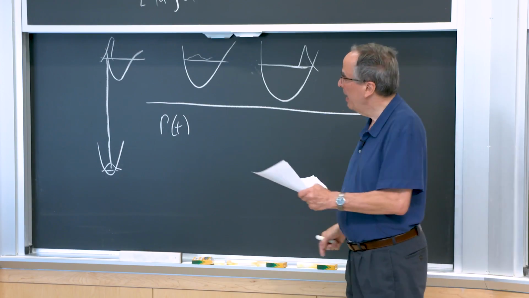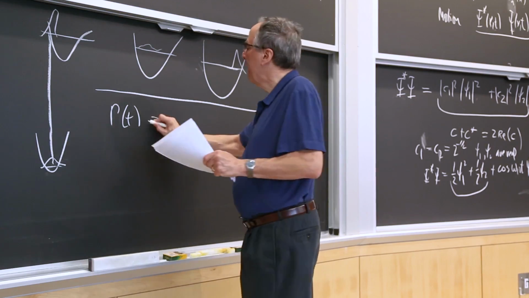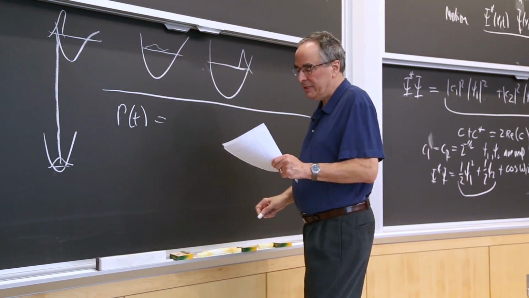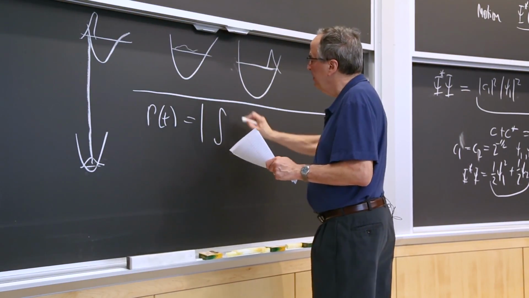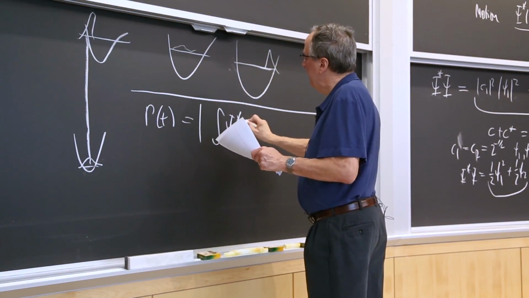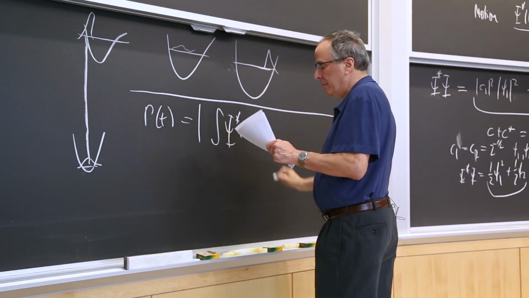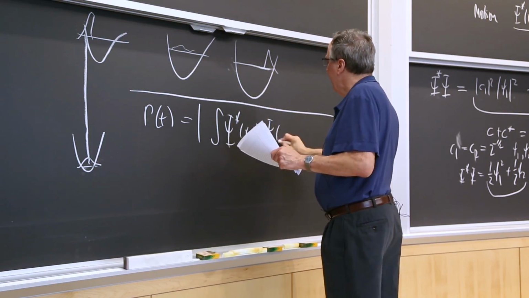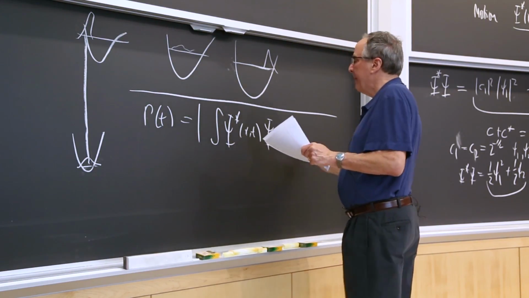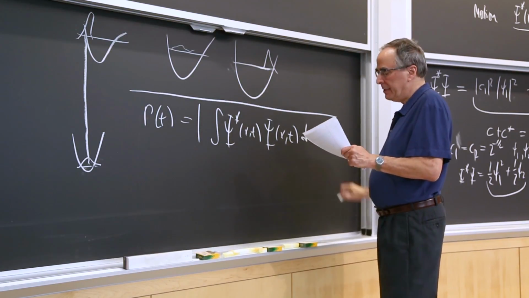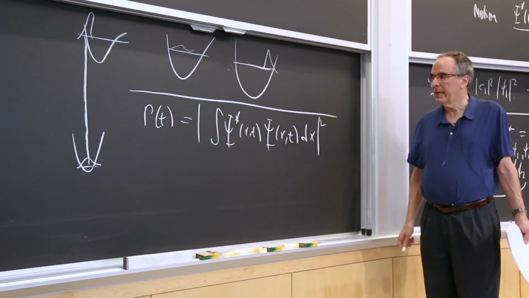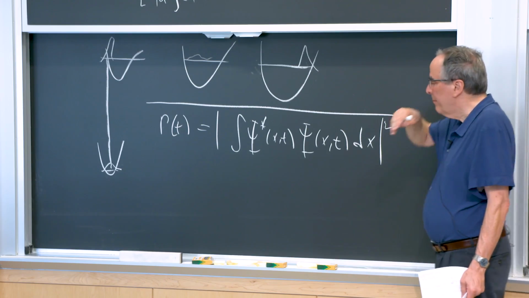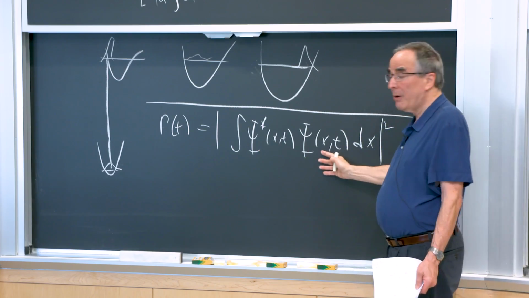So we have this survival probability. It's a probability. So we're going to have an integral psi star x t psi x t dx. And this integral is going to look like that.